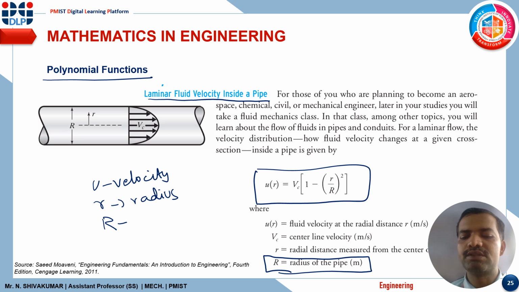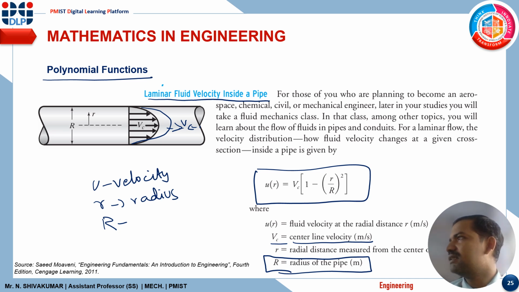What is V suffix C? It is the center line velocity, the velocity at the center. So velocity is a continuously varying phenomenon inside a pipe. Likewise, real problems exhibit nonlinear behavior, so not all problems are linear by fashion. All of you noted.